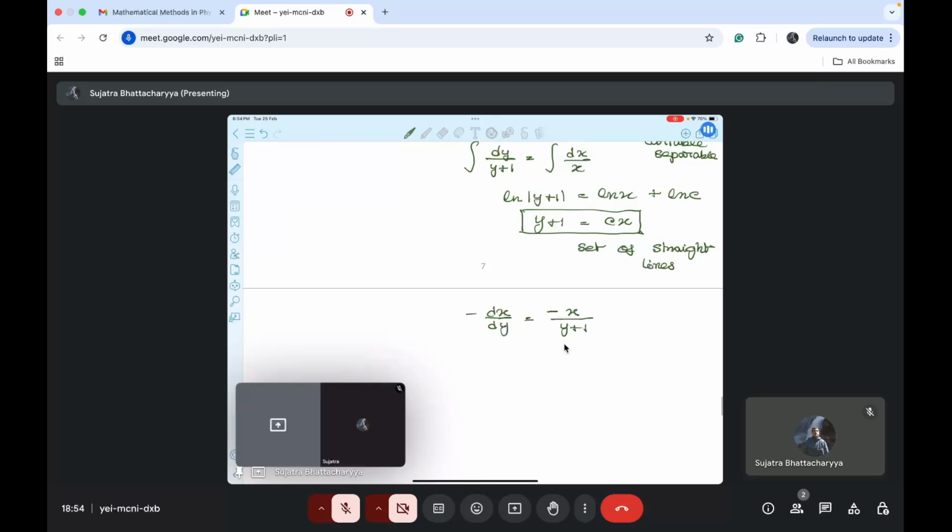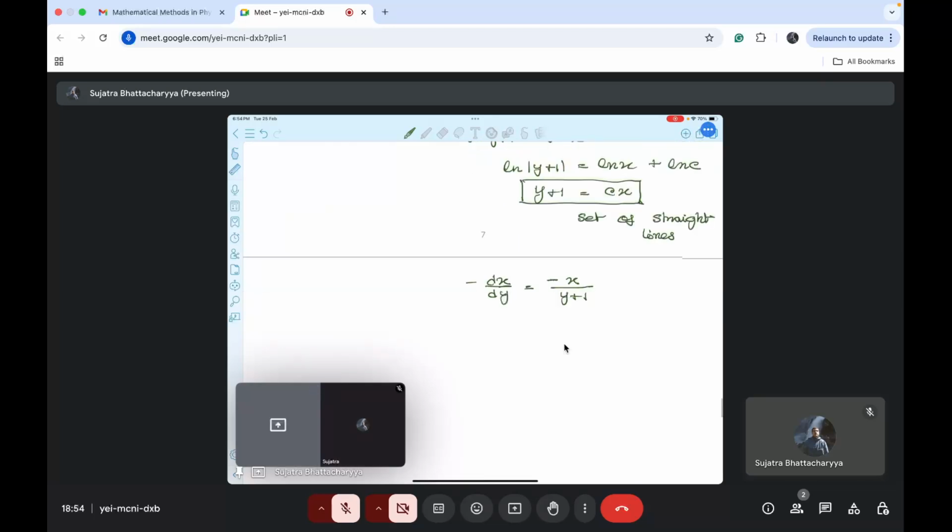Now if you solve this, you will get a family of circles. You take minus dx/dy, make it dy/dx, and solve it. So you get minus x dx on one side, and on the other side you have y plus 1 dy.